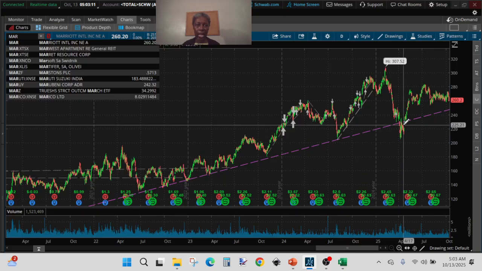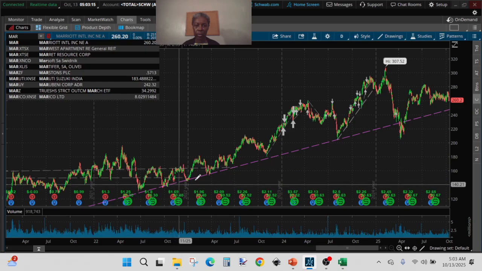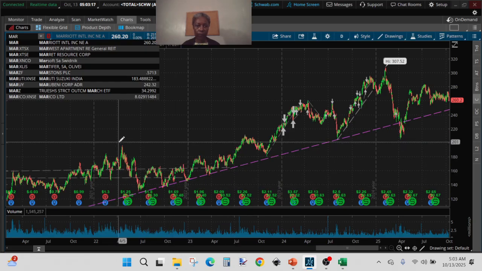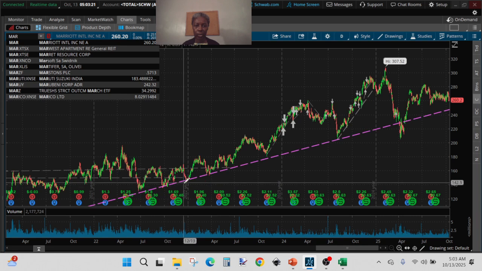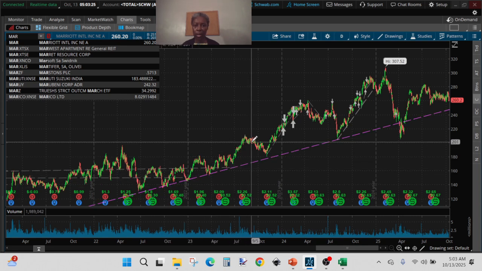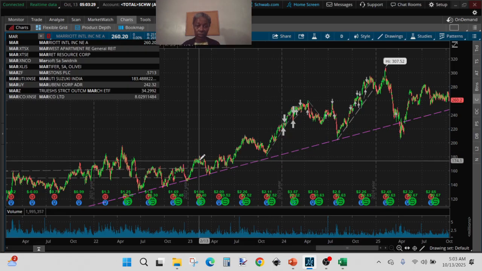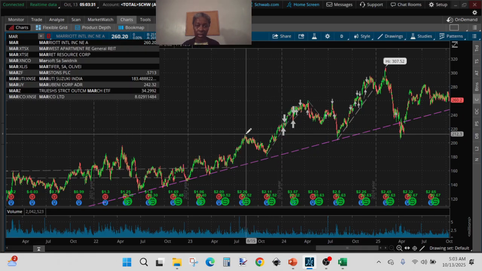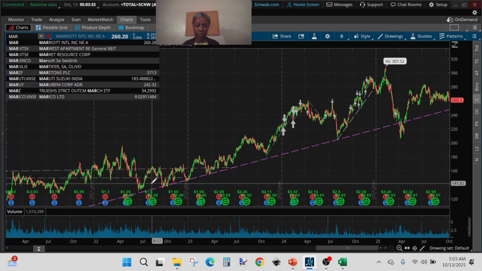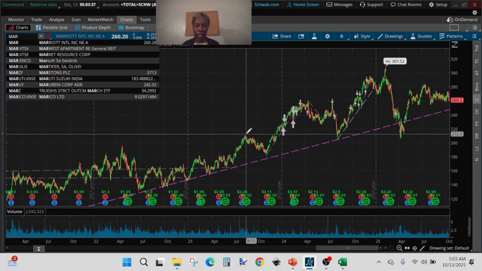As we are looking at M.A.R, for instance, it touched base with this support line quite a bit. When it reached this new high and pulled back, it touched base a few times on its way up again. Here it reached another high, so it touched base multiple times before it reached a new high.